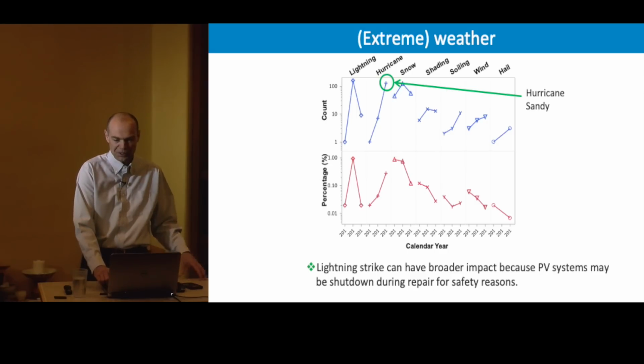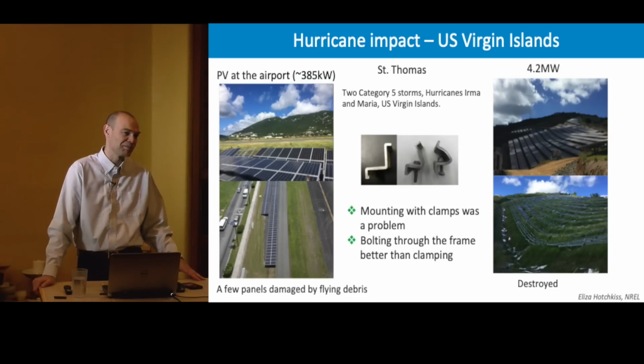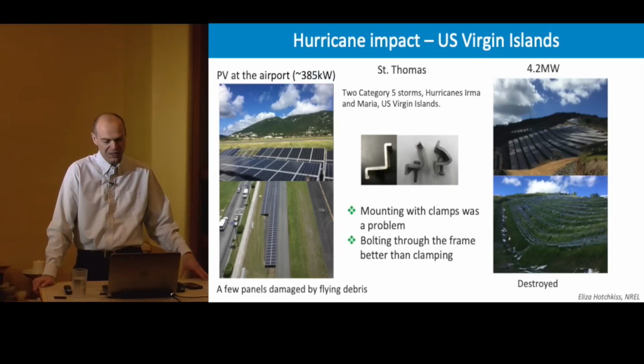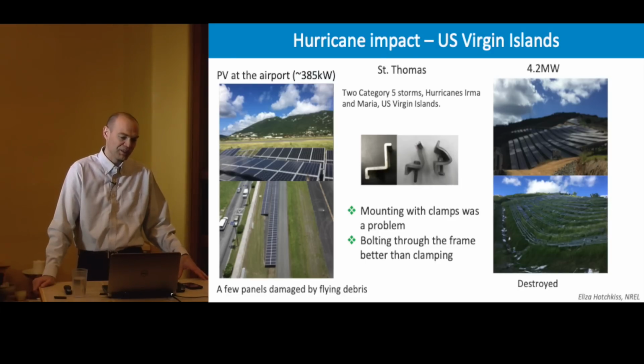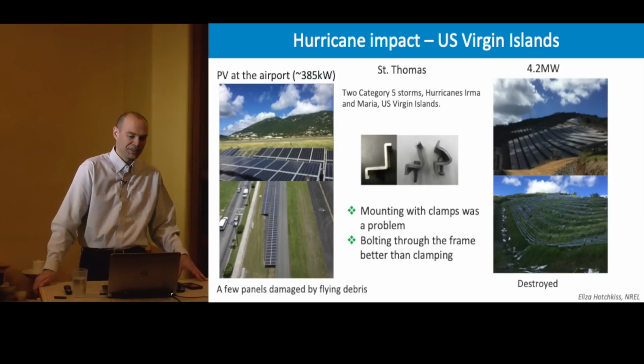And last year, the hurricane impact in the US Virgin Islands and Puerto Rico. We had a team from NREL go down there. On the left is a PV system at the airport that had only a couple of modules damaged by flying debris, but on the right you had an array that was completely destroyed.